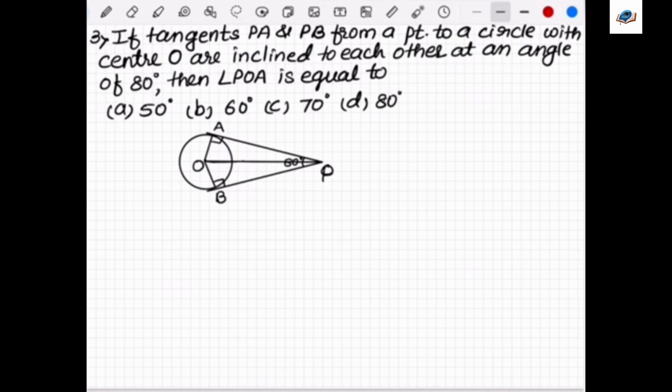So I can say in triangle POA and triangle POB, angle A equal to angle B equal to 90 degree, because that is the theorem that from the center, the shortest distance to the tangent will be 90 degree. PO equal to PO, that is common.